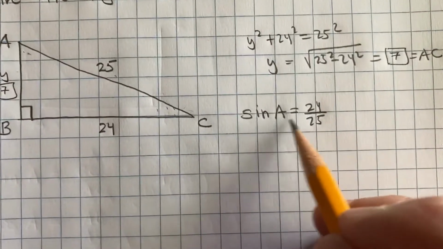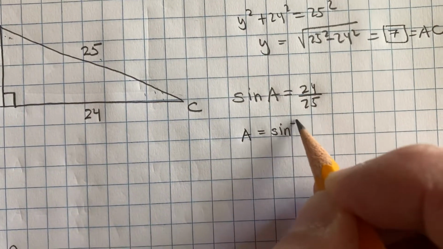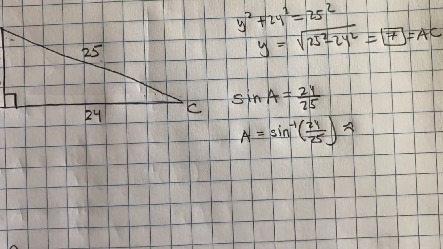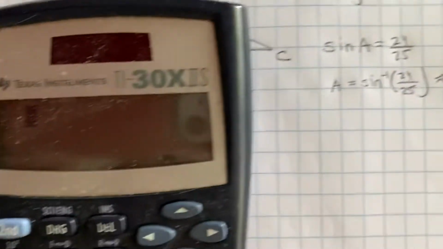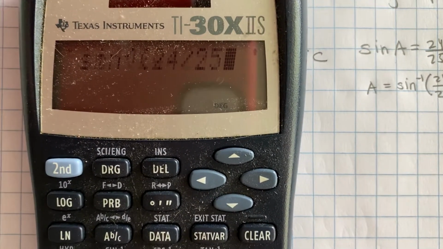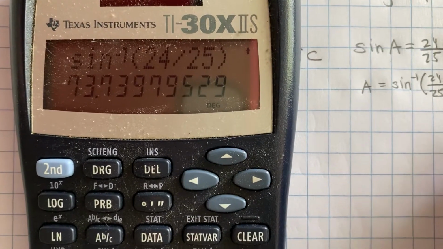And I just showed you how to get angle A by itself. A is the sine inverse of 24 over 25. And then you would enter this on your calculator: second, sine inverse, 24 over 25. And we'll say it's about 73.7 degrees.